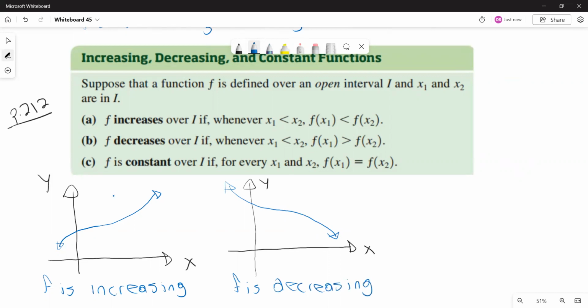And f is constant over I if for every x1 and x2, f of x1 is equal to f of x2.